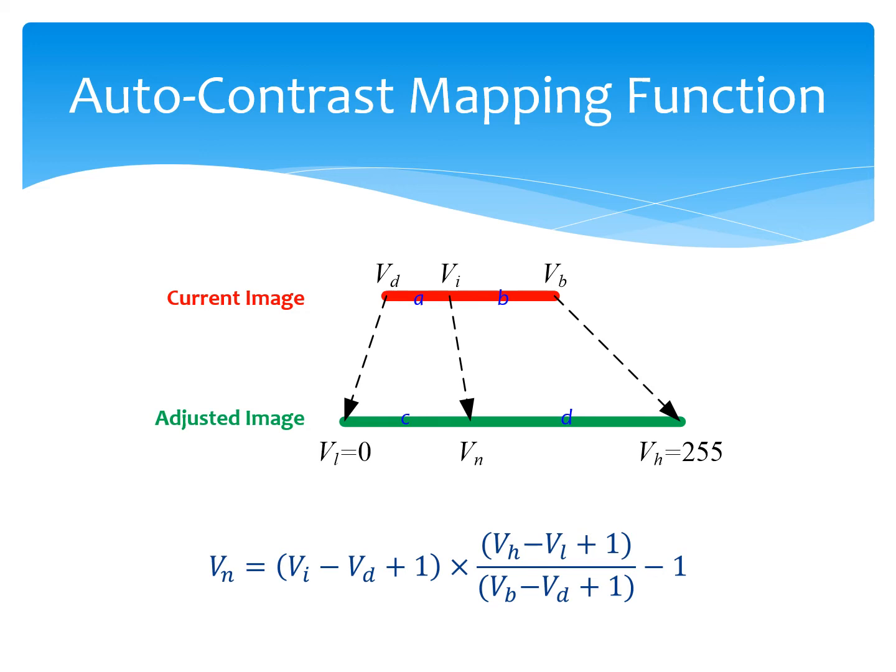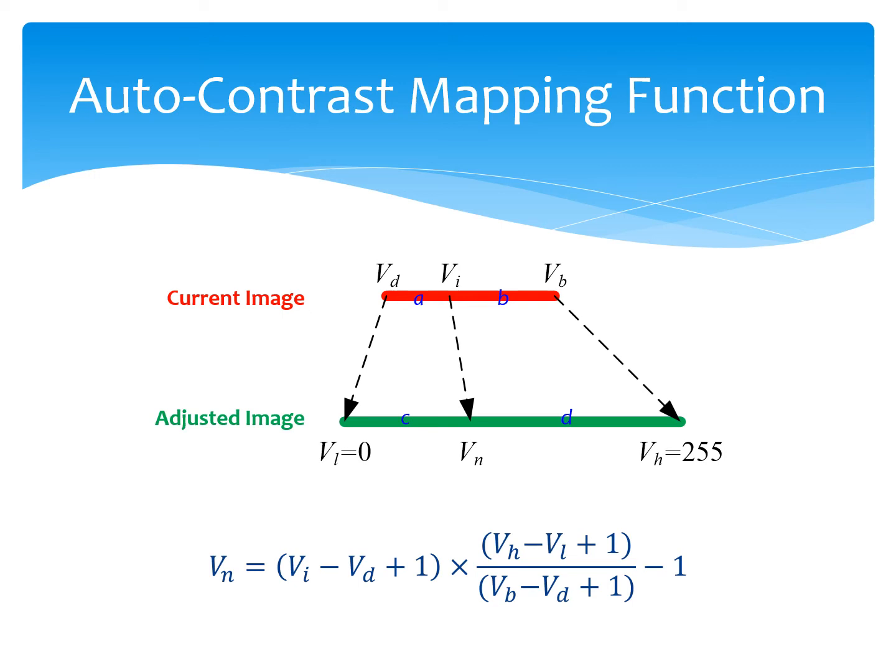To achieve auto contrast, we can design a mapping function as shown on the screen. The red line on the top represents a low contrast image, where Vd and Vb are the minima and maxima pixel intensity in the low contrast image respectively.